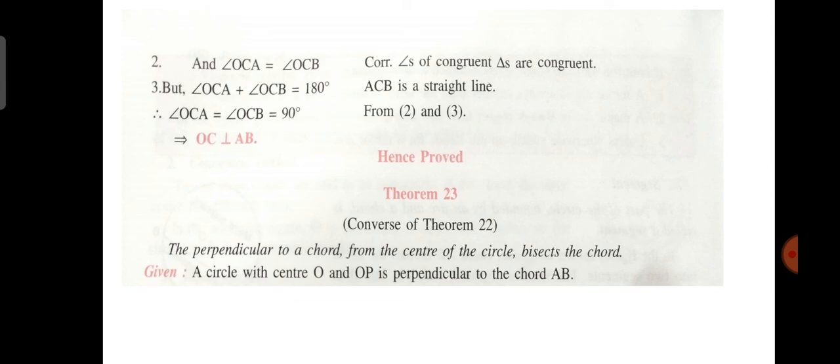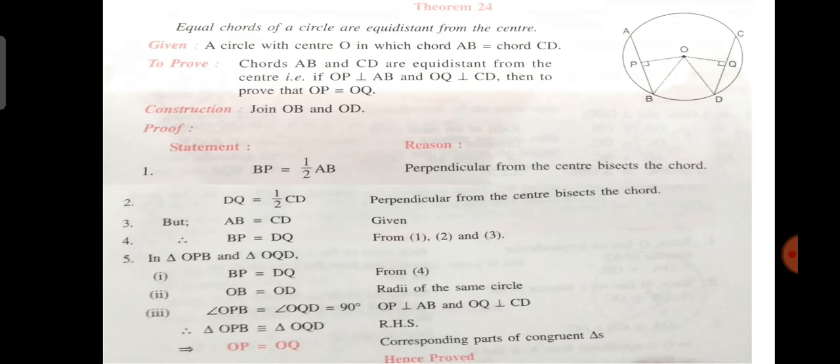The next theorem is: equal chords of a circle are equidistant from the center. You have to draw two chords, AB and CD. In a circle with center O, the chord AB is equal to chord CD. You have to prove that the chords AB and CD are equidistant from the center.